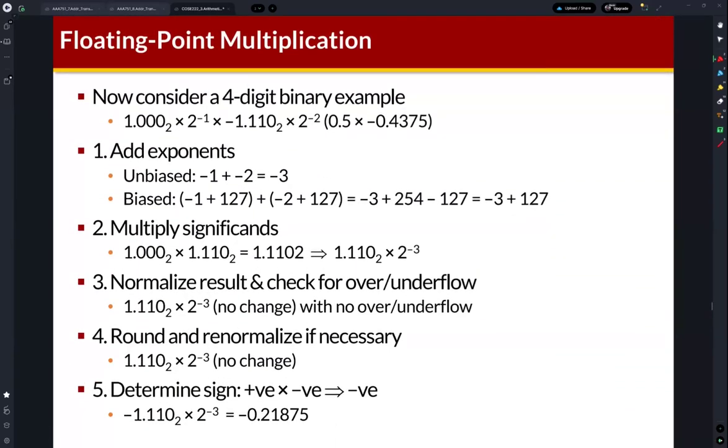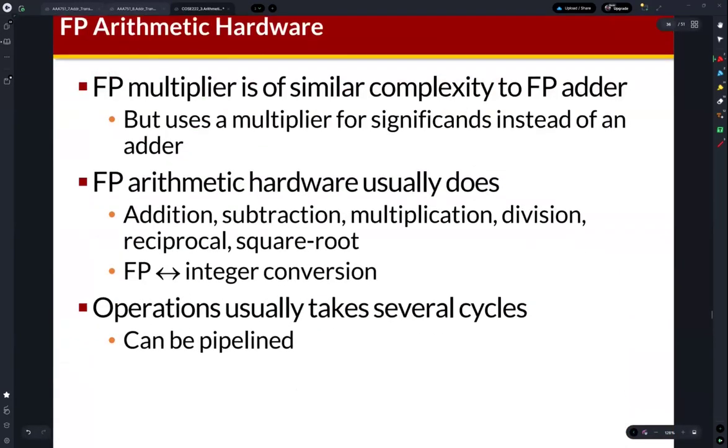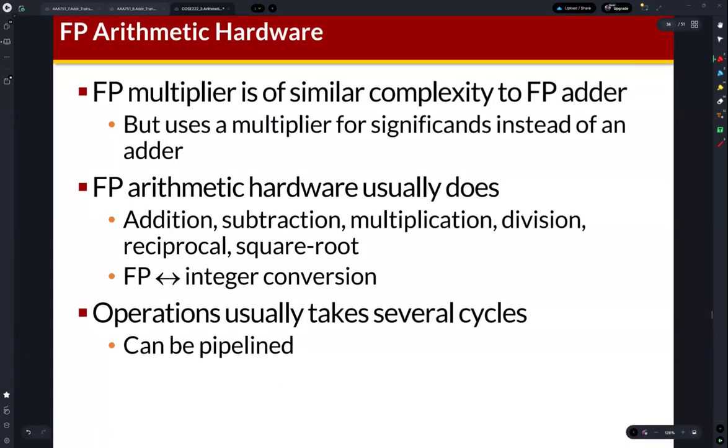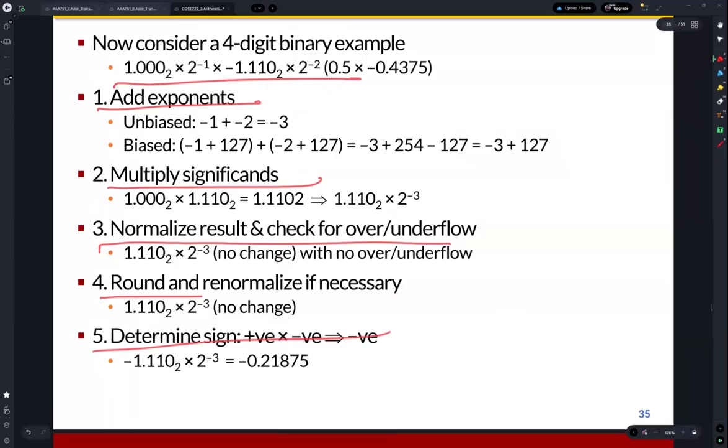It's the same for the binary number system, right? Add the exponents, multiply the significands, then normalize, then round, and the sign bit is also determined. The complexity of a floating point multiplier is similar to a floating point adder, only this part differs.